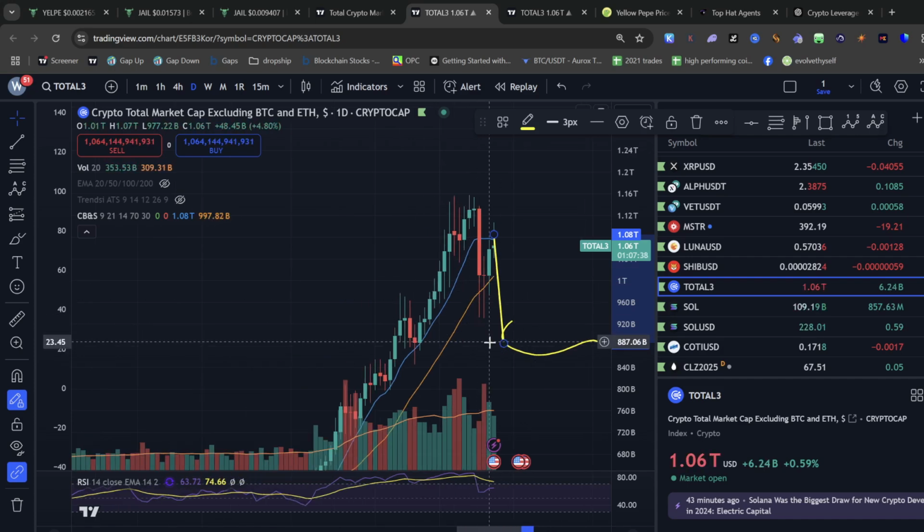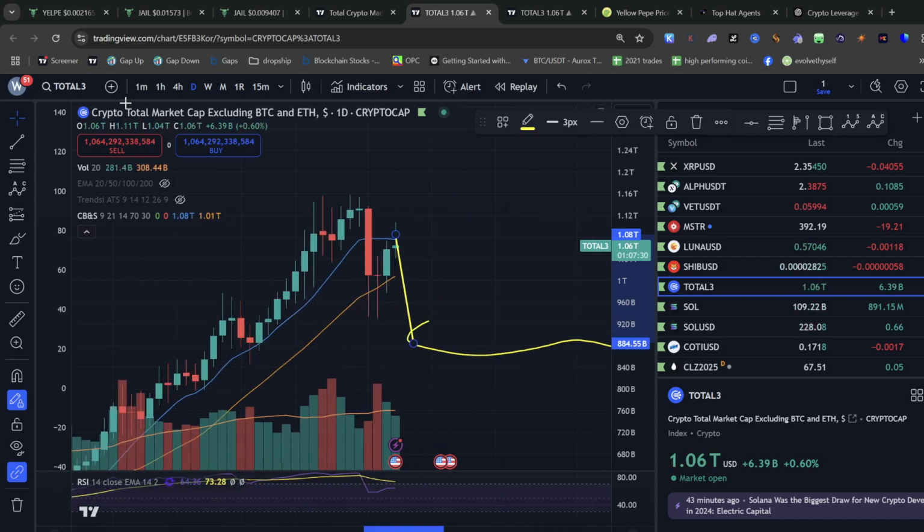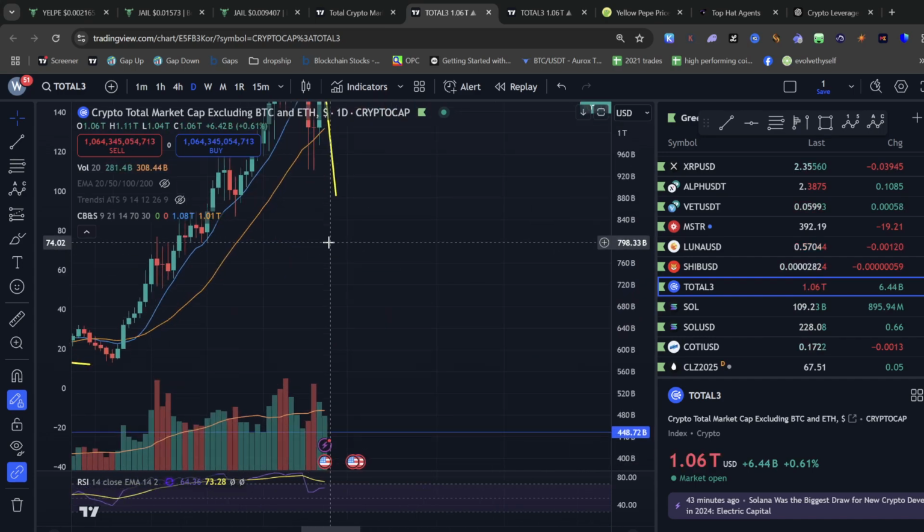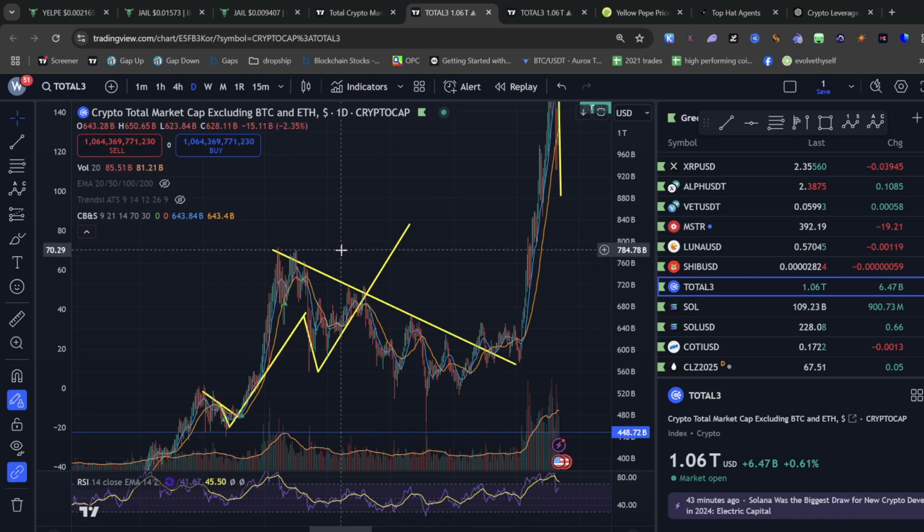So I still think the 850 to 950 billion on Total 3 crypto market cap is where we will ultimately sort of form a bottom, which is still above the previous high of about 800.